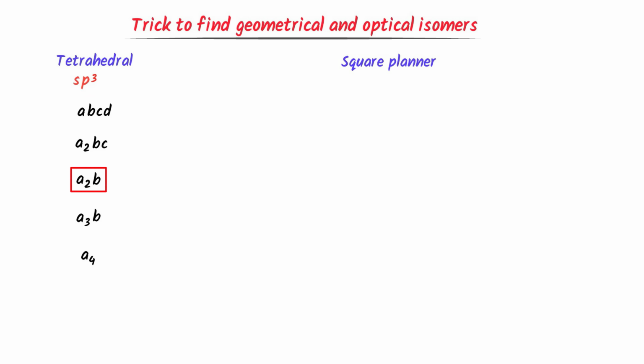In the third case, there are 3 ligands, so I write here 2. In the fourth case, the number of ligands is complete. And in the fifth case, the number of ligands is also complete. Thus, these are the 5 different possible complexes of tetrahedral geometry.